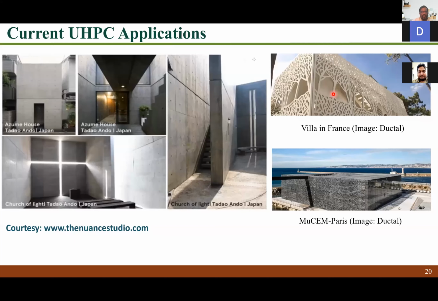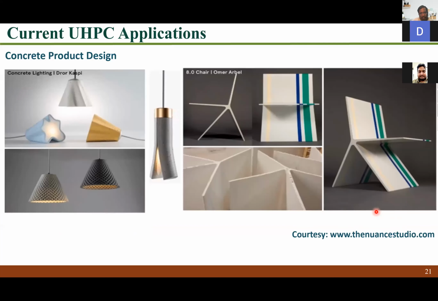Now people have also started developing other products using ultra high performance concrete. You can see here that this concrete lighting casing is made from UHPC. You can make complex shapes because it's a very flowable concrete with very high strength, and with very thin cross sections it's not going to be very heavy. So these kinds of concrete lighting products have been developed.